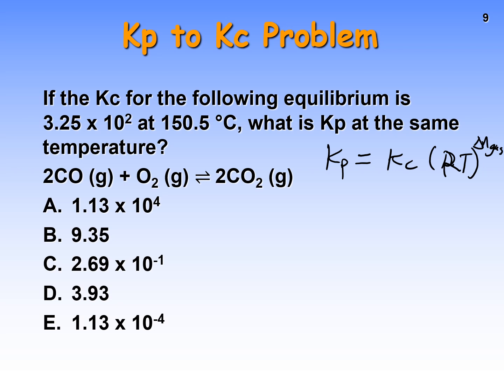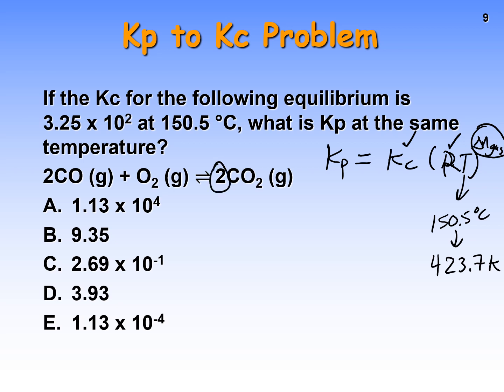Okay, so we know Kc, we have this value. We know R because it's a constant, it's always given. We can solve for temperature. We have to change 50.5 Celsius to Kelvin, which gives us 423.7 Kelvin. And at that point, we need to get what delta N gas is.